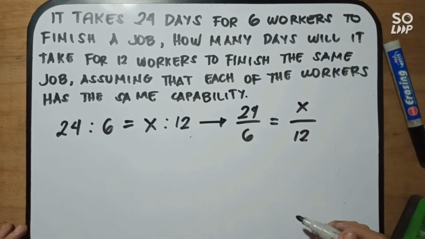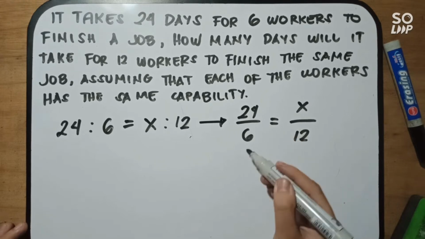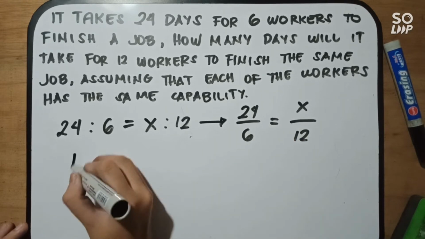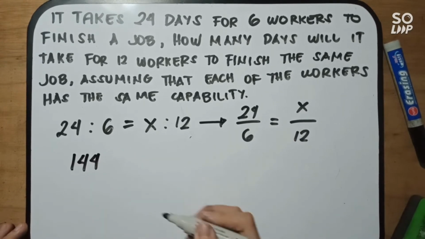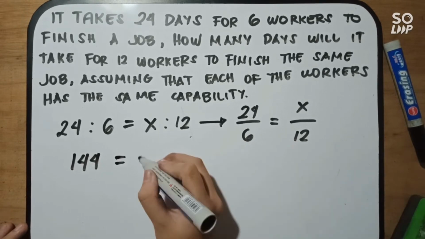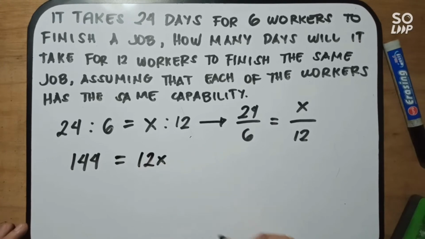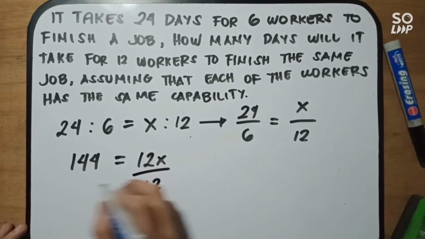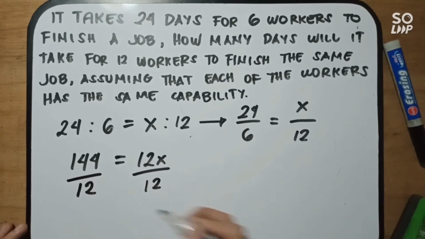Next step is to multiply the numerator and denominator. So 24 times 6 is equal to 144, equals x times 12, which is 12x. Next step is to divide both sides by 12.